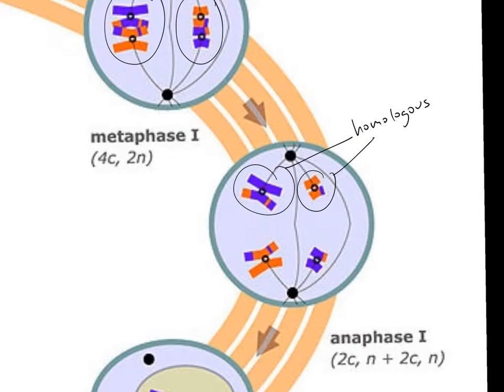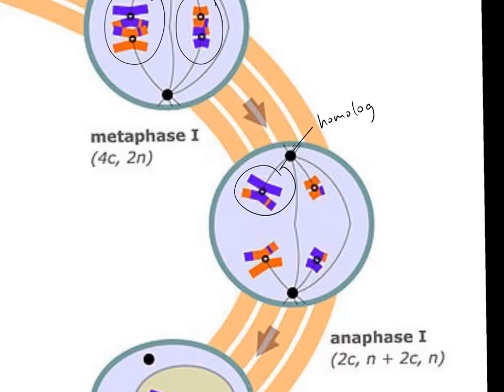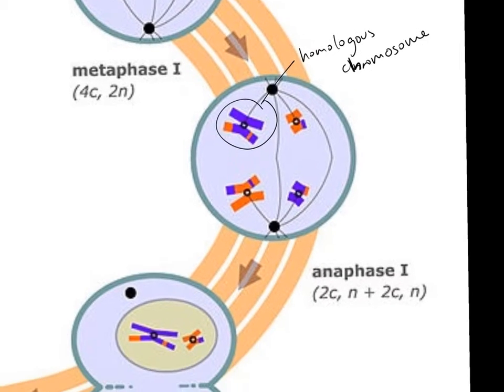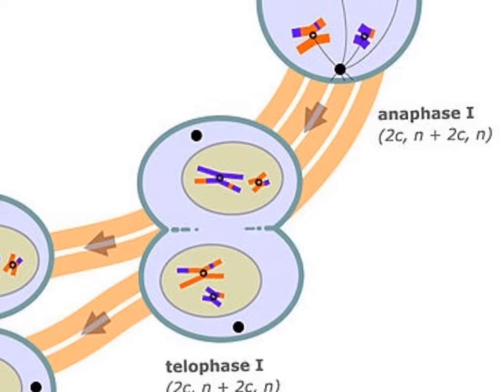Let me redraw that so I don't confuse you. Each one of these is a homologous chromosome, and that's what splits in anaphase 1.